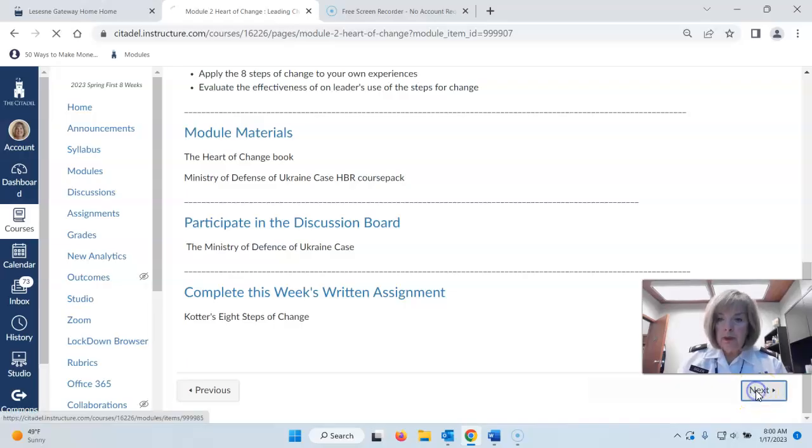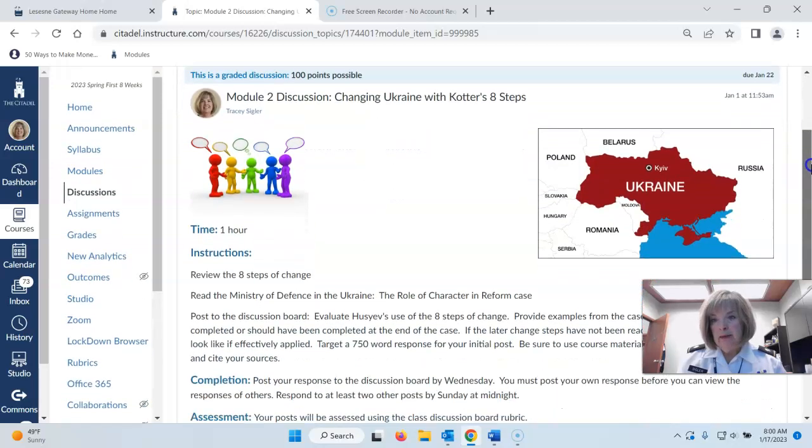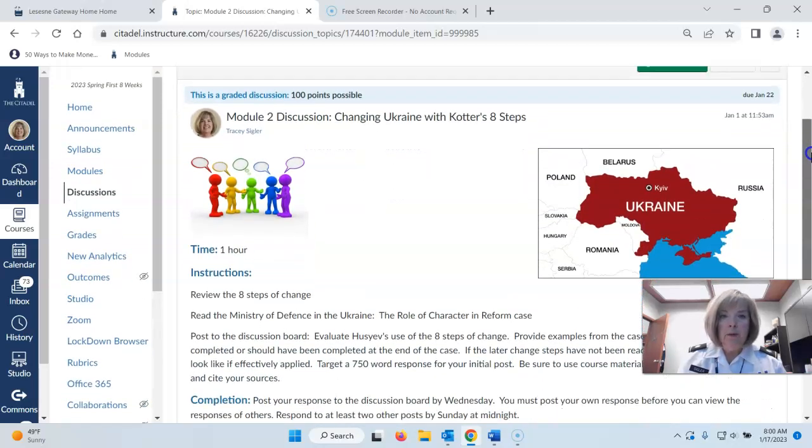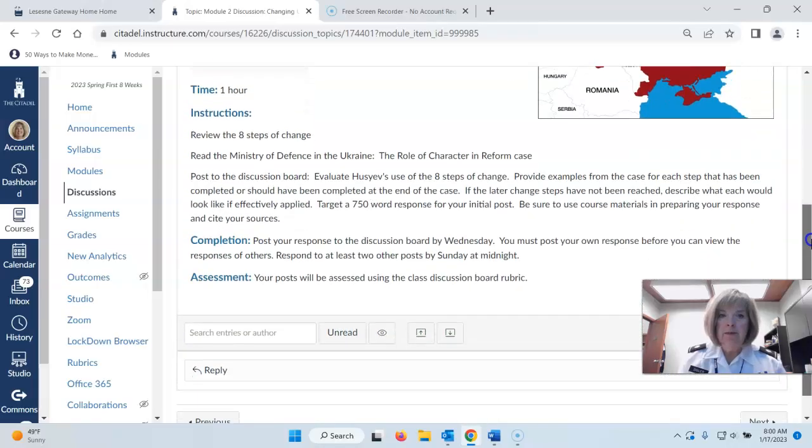So really this week is all about learning the 8 steps, trying to apply them, and then we're going to use them throughout the semester. And definitely when we get to the simulation, you're going to need those steps. So module 2, changing Ukraine with Kotter's 8 steps.